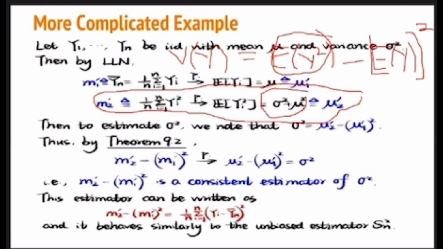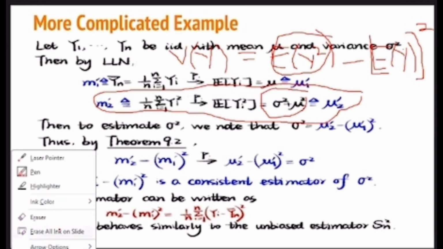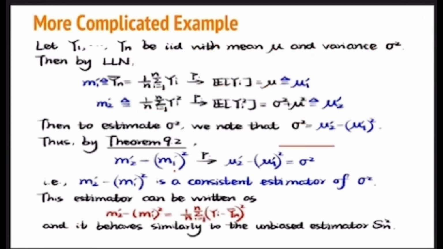So what am I telling the world? If I want to figure out parameters using the method of moments, it could be one parameter, it could be more than that. There's a way we're going to do that. From the theorem, based on what we have, when you see M, that is the sample moment. The second sample moment minus the square of the first sample moment converges to the population moment, and all of that gives us sigma squared.